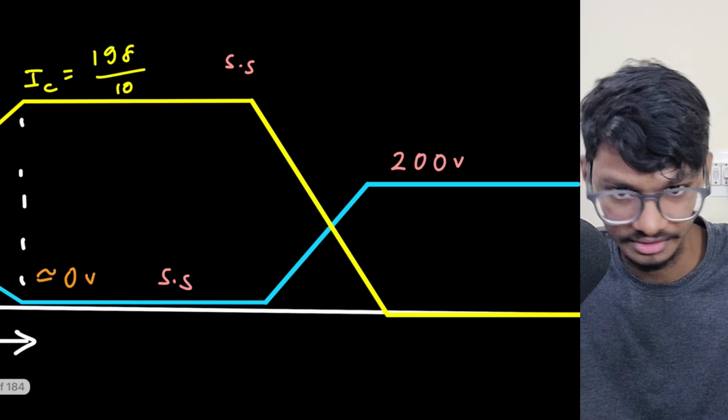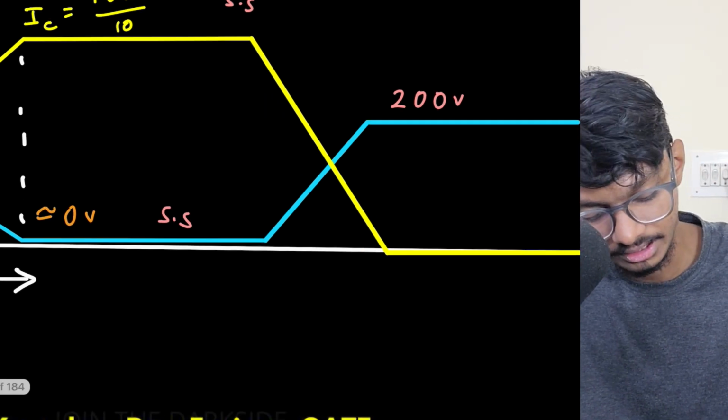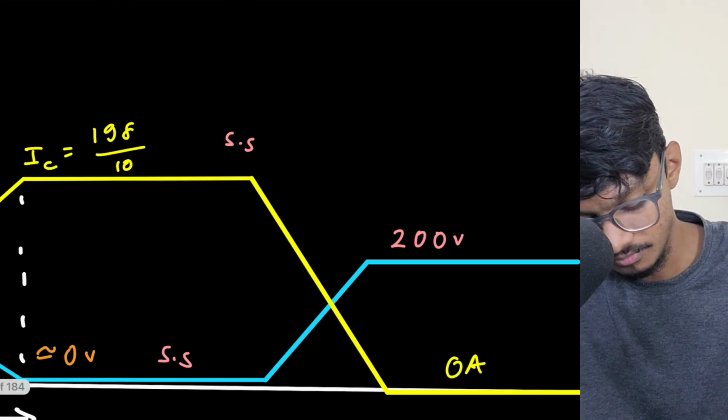So it goes to 200 volts again when this is all totally off, and the current goes to 0 amps here, and from 198 by 10.